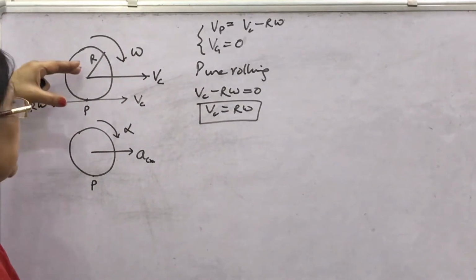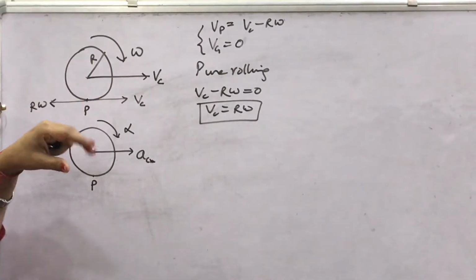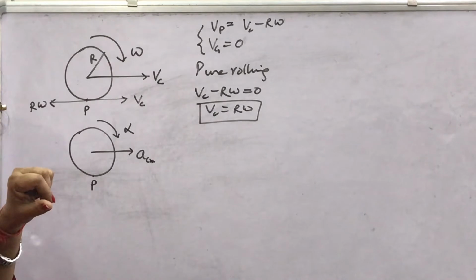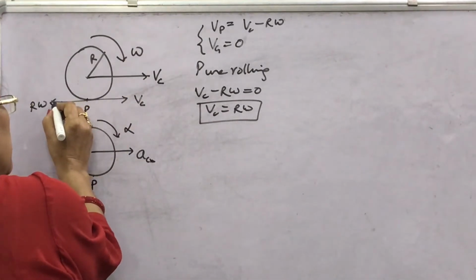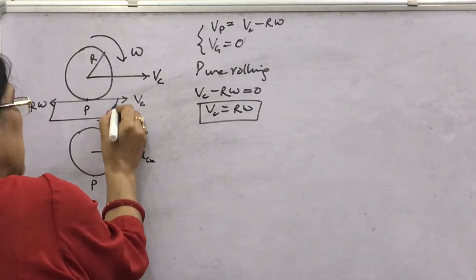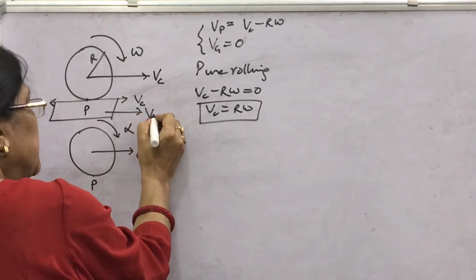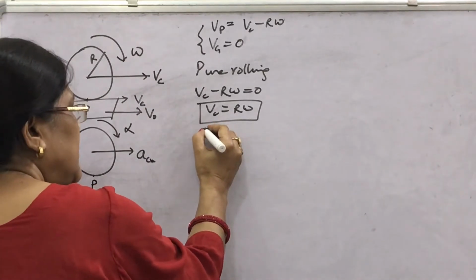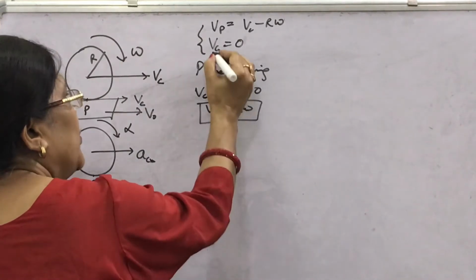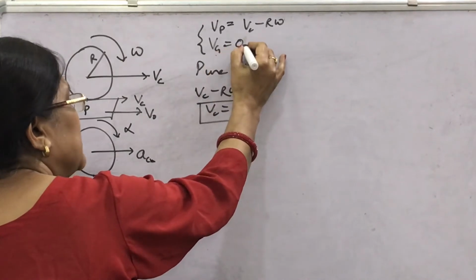We all have discussed it earlier and it is true for the fixed ground. The surface at which the object is rolling is stationary. Also we have proved that if the surface at which the ball or the point is rolling is a platform which is moving with the velocity v0, then what will be the condition? Vg, the ground, will have the velocity v0.